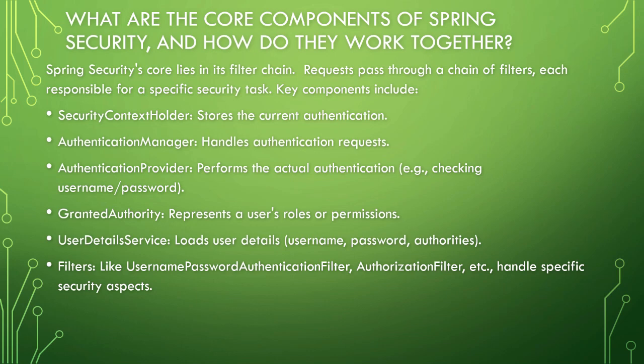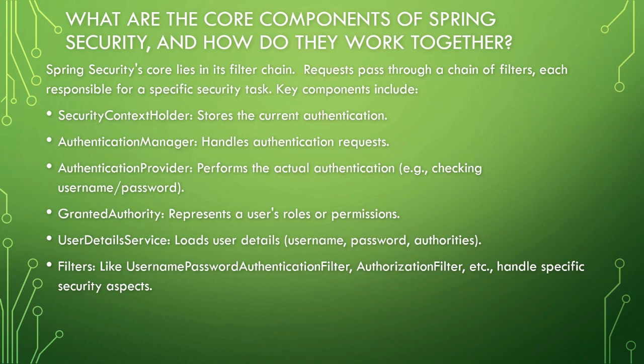The very first thing is the SecurityContextHolder. It will store the current authentication details. Then there is the AuthenticationManager, which is going to handle the authentication request. The AuthenticationProvider is the actual authentication, like checking the username and password, which is going to happen over here.